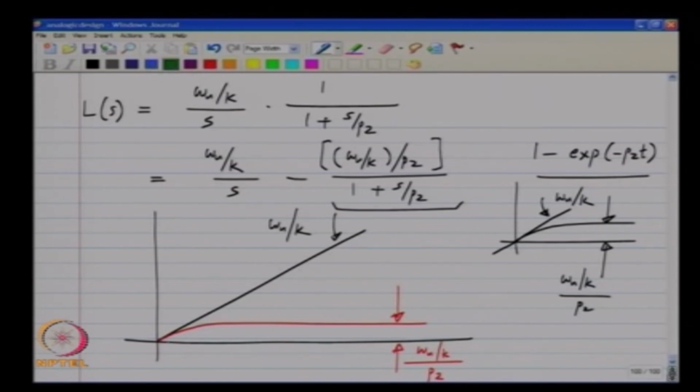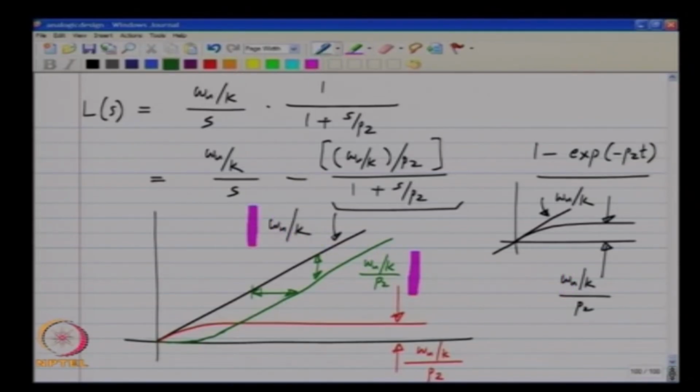And if you take the difference between these, the starting slope will be 0 and then it builds up, and after a while there is a constant difference between the two curves, and the constant difference is omega u by k divided by P2, and you can also express it as a constant difference in the horizontal direction. Okay. And the difference in the horizontal direction is nothing but the difference in the vertical direction divided by the slope.